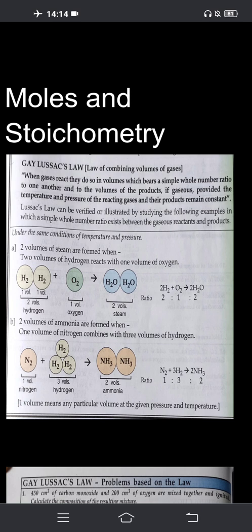It is 1 is to 3 is to 2. That means if I take a closer look at it, the reactants, how many volumes? 3 plus 1, 4 volumes of reactants are needed to produce 2 volumes of ammonia gas. So, one volume means any particular volume at the given pressure and temperature.